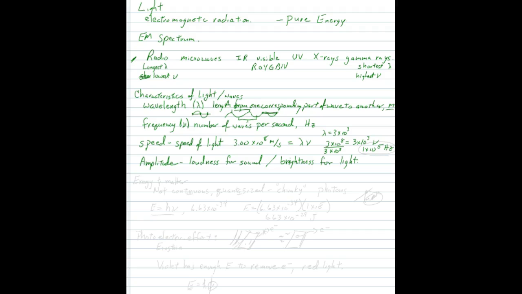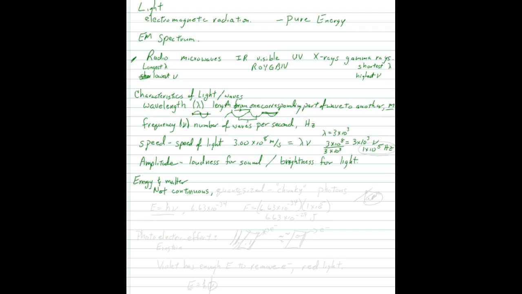Energy and matter. Energy and how it reacts to matter. Energy is not continuous. It looks like it might be. It looks like you can smoothly go from one microwave to another microwave with higher energy.